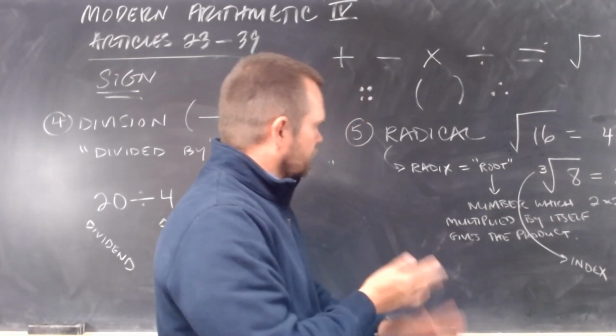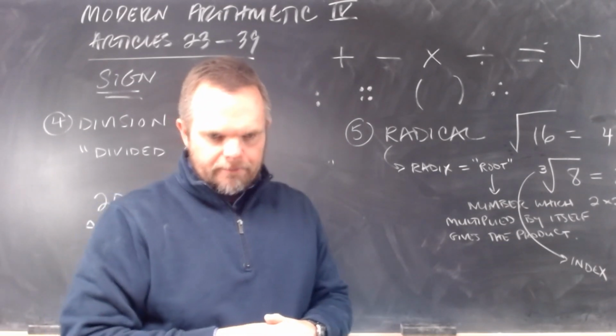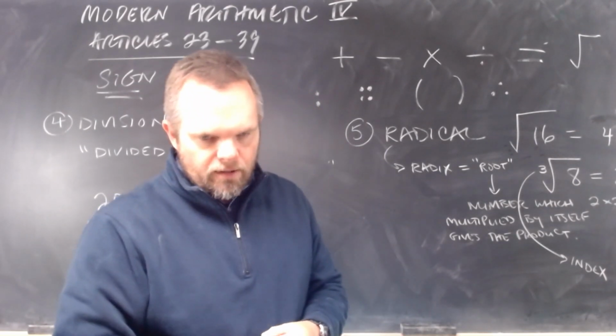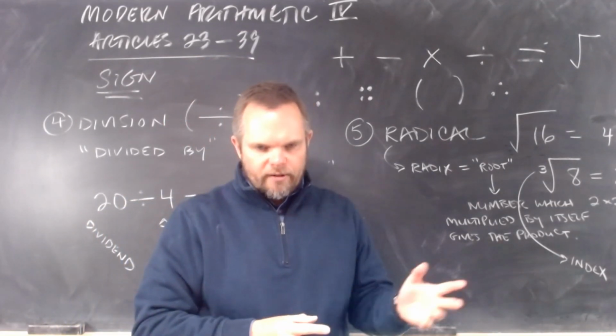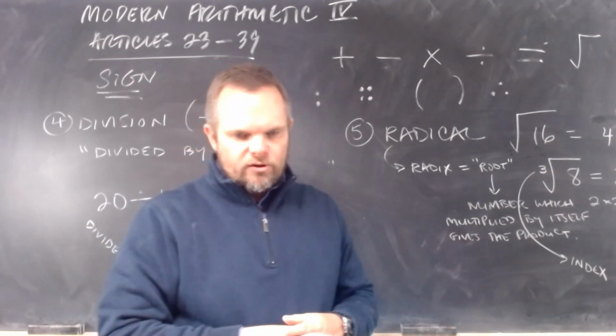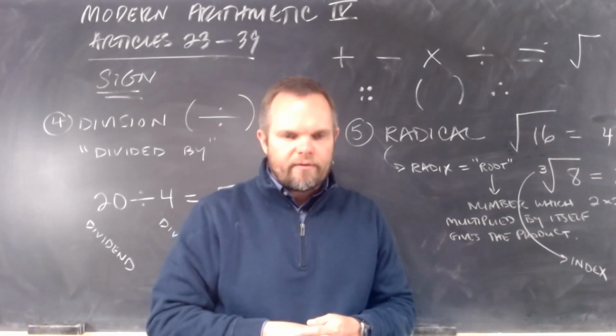The radical sign is Article 29. The radical sign indicates that some root is to be found. Thus, the square root of 36 is shown there. The cube root of 125 is shown in the text, and the fourth root of 625.